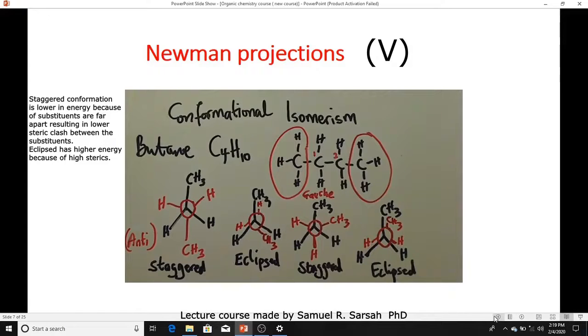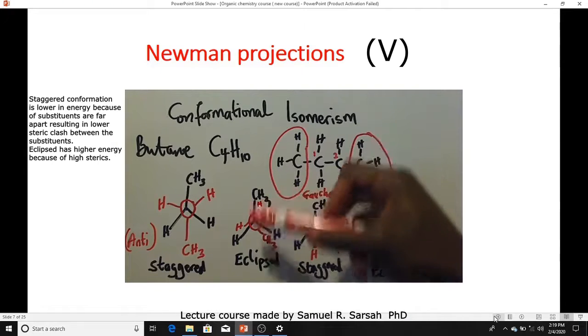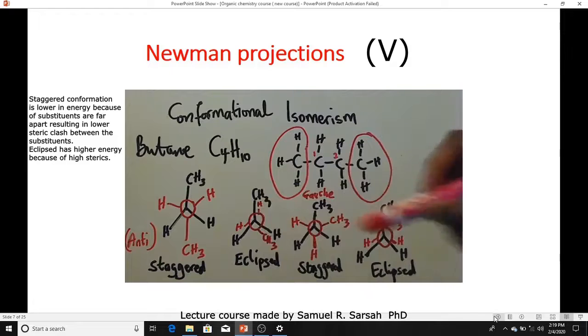And this one here, you will see that the bulky groups are eclipsing each other. So this eclipsed conformation will be the highest energy, because it has the largest steric interactions between these two bulky groups. This will also have a high energy, but not as high as this one.